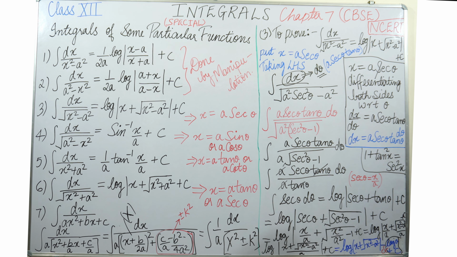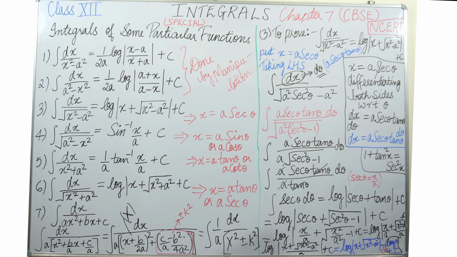So we will be getting log mod of x plus under root x square minus a square plus c dash, where c dash is equal to c minus log a. Okay, c dash is equal to c minus log a.